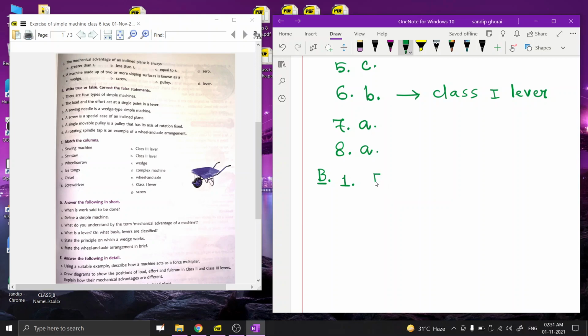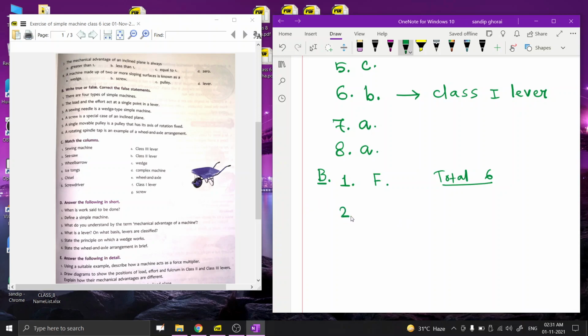Okay, because what is the correct statement? The correct statement is there are a total of 6 types of simple machines, and these types are lever, inclined plane, wedge, screw, pulley, and wheel and axle system. So this is false.